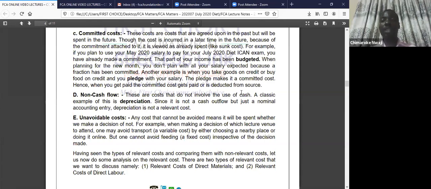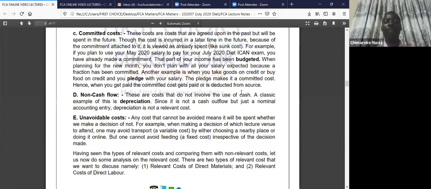There may be no cash involved. Let's say you buy the goods on credit, you didn't pay cash, and you sold your goods on credit, you didn't collect cash. You've made profit, but you have not collected cash, you've not spent cash. And so anything that does not involve the use of cash is not a relevant cost.